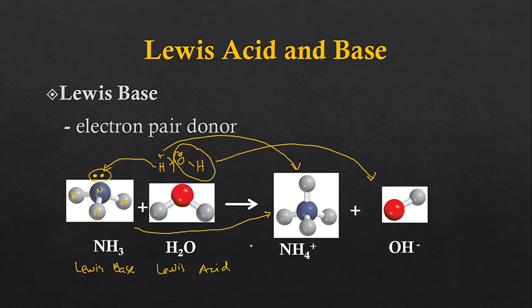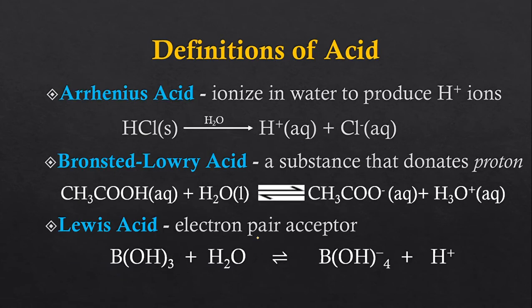Okay? So, to recap, ito yung mga definitions natin ng acid. Arrhenius acid, ionize in water to produce hydrogen ions. Okay? So, katulad ng HCl, pag dinisolve natin sa water, magpo-produce ng hydrogen ion.